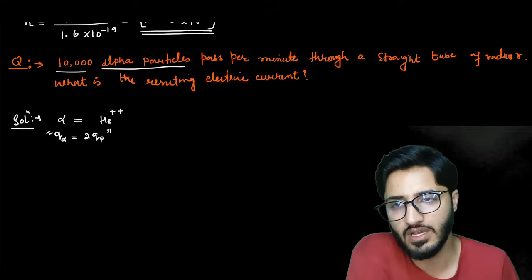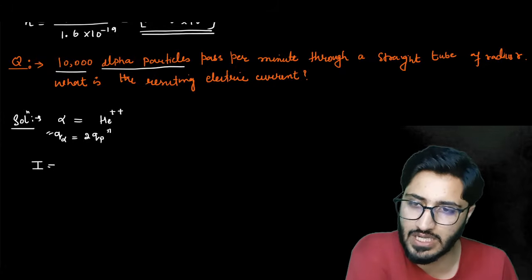So what is current? Current is equal to charge per unit time.